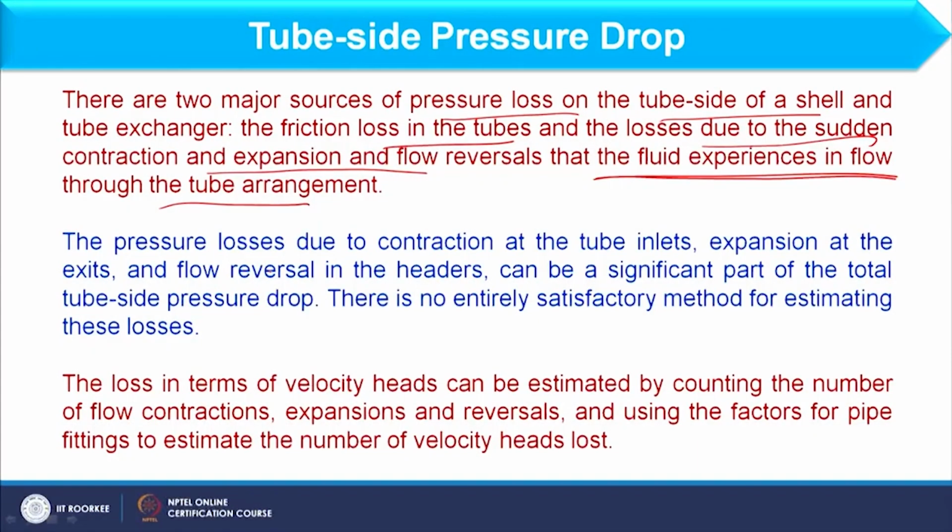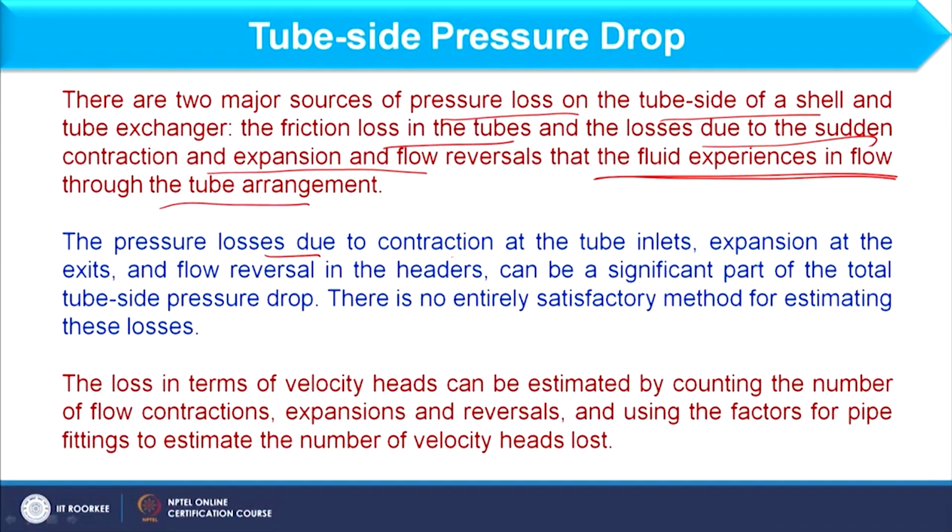If I am considering the flow pass and the tube passes, what will happen? Fluid exits the tube, then reverses and enters another set of tubes. It means a 180-degree reversal of the flow is made when it is flowing on the tube side. That will again cause a pressure drop.